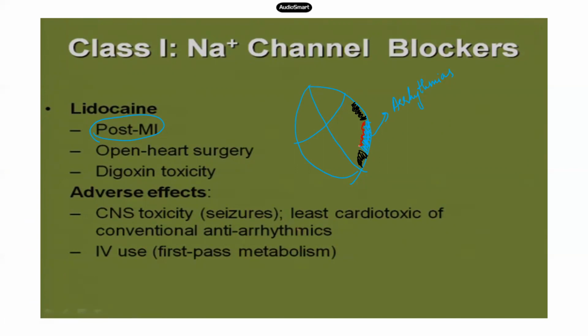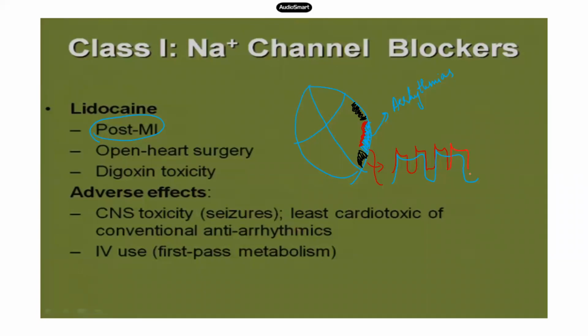ischemic tissue. And when it binds to this ischemic tissue, it will stop the action potentials in this particular tissue. So this is causing action potential at a normal rate, right? And now since it has stopped, it will allow this healthy tissue to get in synchrony with the normal action potentials of normal healthy cells like this.